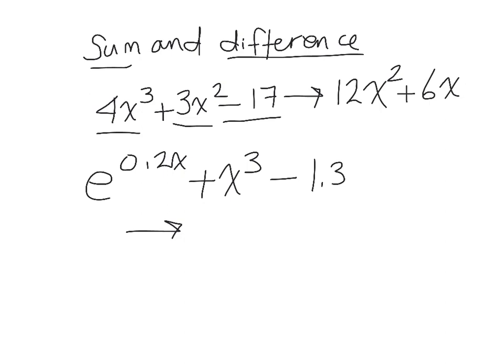So if we look at e to the 0.2x, we apply the exponential rule, so 0.2 e to the 0.2x. We look at the next term, x cubed, and we apply the power rule to that, 3x squared. And we go to the third term, negative 1.3, and we realize that's a constant, and the derivative of a constant is 0.